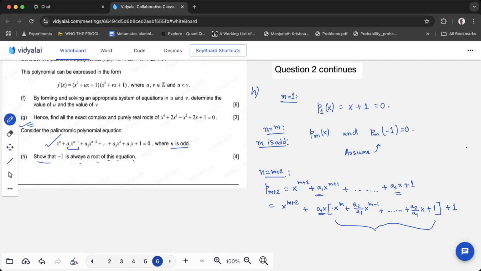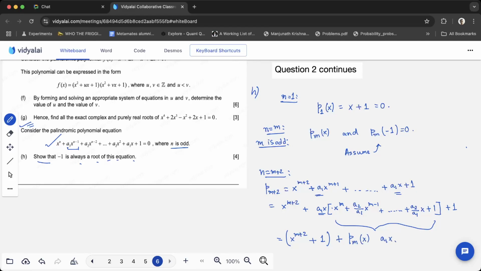So the remaining terms, you can just collect x to the power m plus 2, which is an odd exponent, plus 1 on one hand, and we can write the rest as some p_m of x times a1x.